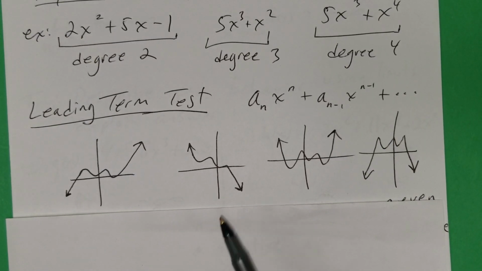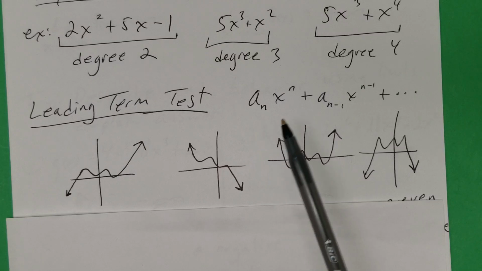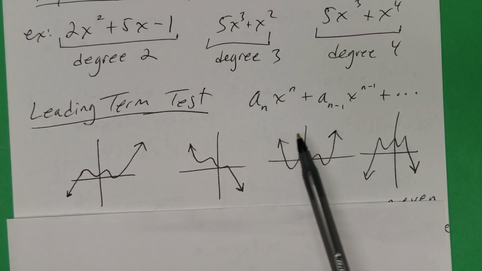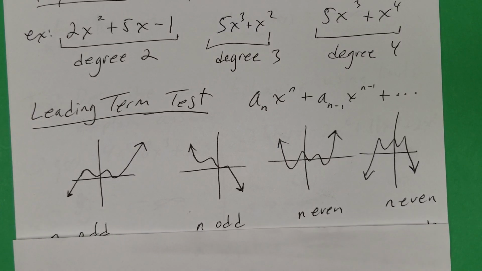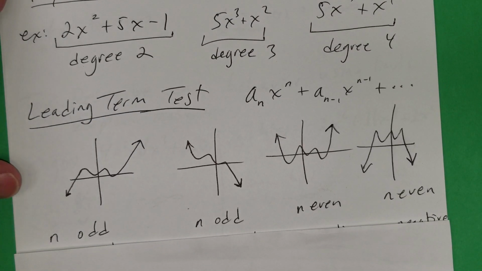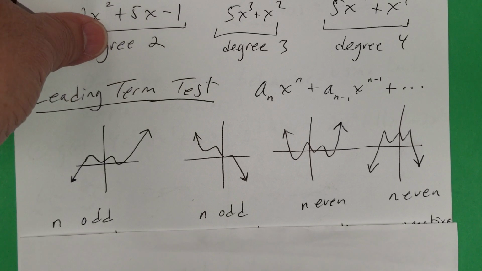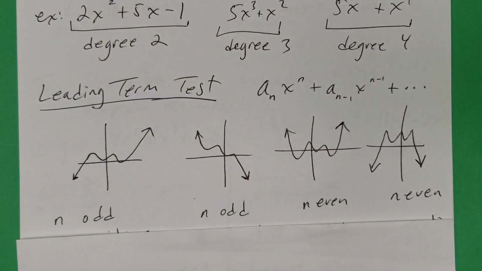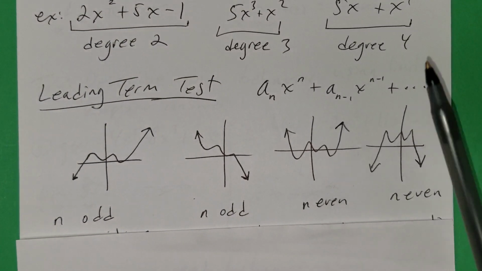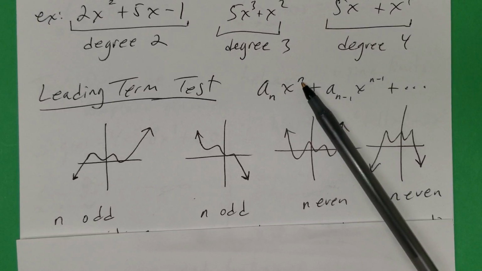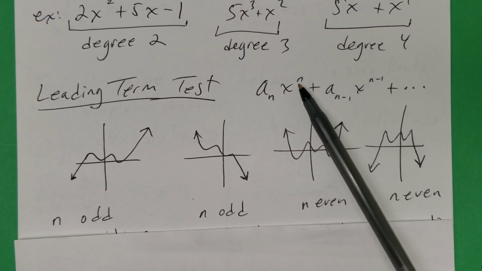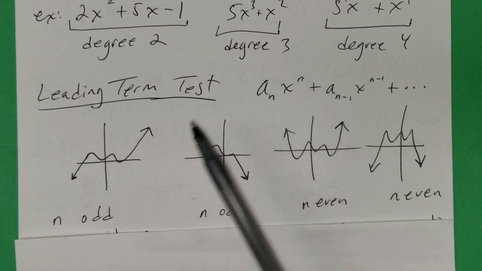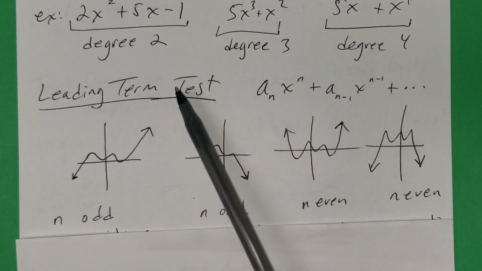And believe it or not, you can tell what your graph is going to do just by checking out the first term without graphing it. And you can do that by checking out the power. So if this power, right, the highest power in your whole polynomial, if this power is odd, then you're going to have positive and negative infinity.